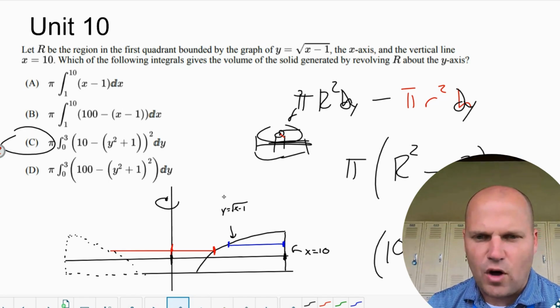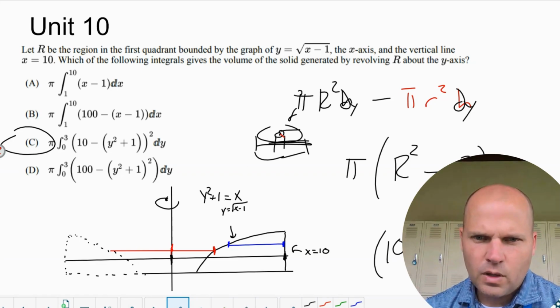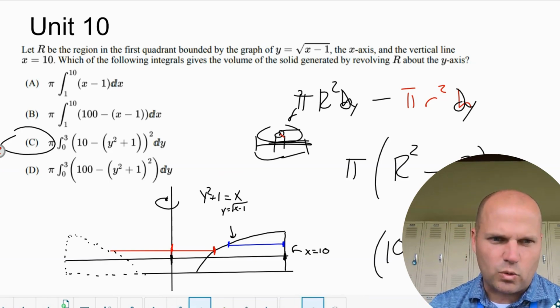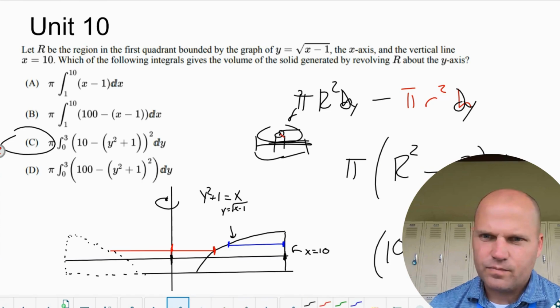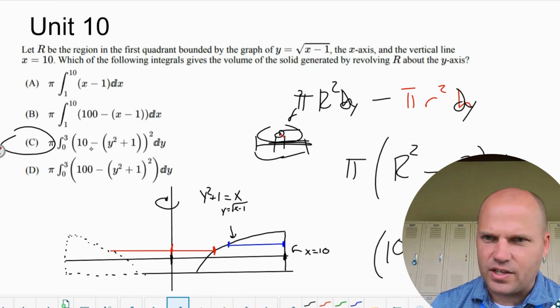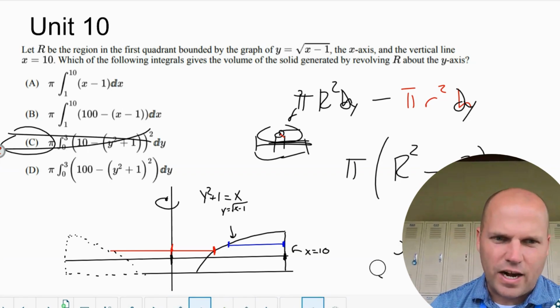Now, we're revolving it, so we see these are x distances. We should have x equals y squared plus 1. And you'll think, oh, okay, right is x equals 10, left is x equals y squared plus 1. And they put that as the answer, and this is wrong, wrong, wrong, because the outer radius is squared.